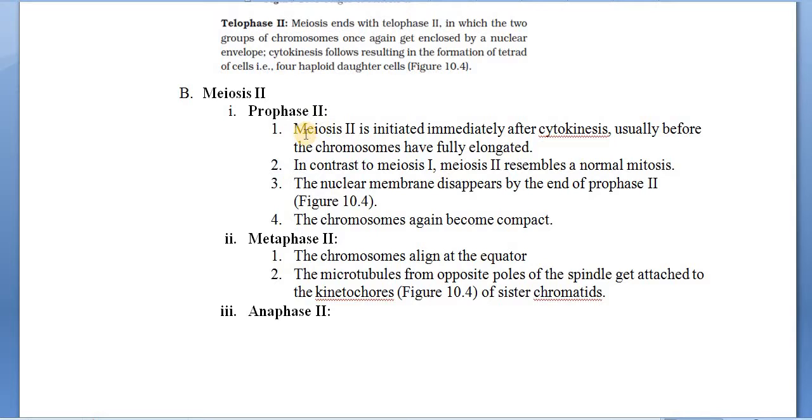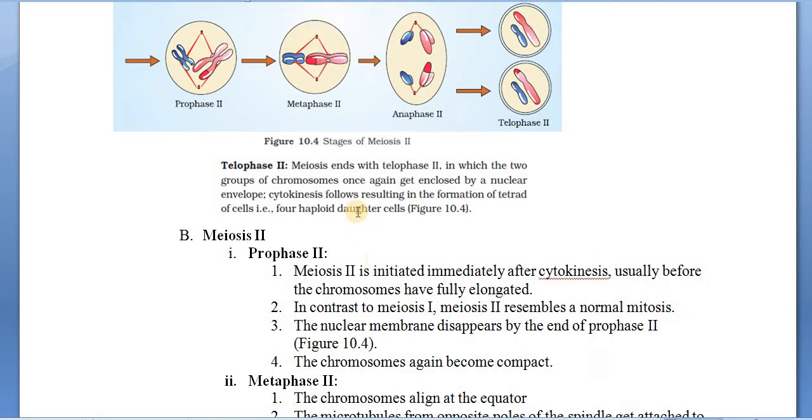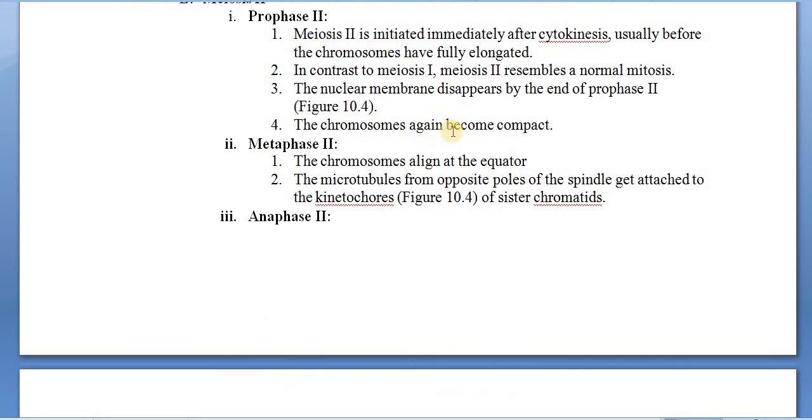Now in prophase 2, meiosis 2 is initiated immediately after cytokinesis, usually before the chromosomes have fully elongated. In contrast to meiosis 1, meiosis 2 resembles normal mitosis. The nuclear membrane disappears by the end of prophase 2, that is figure number 10.4. The chromosomes again become compact.